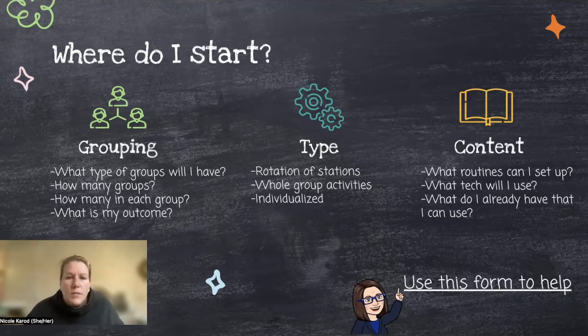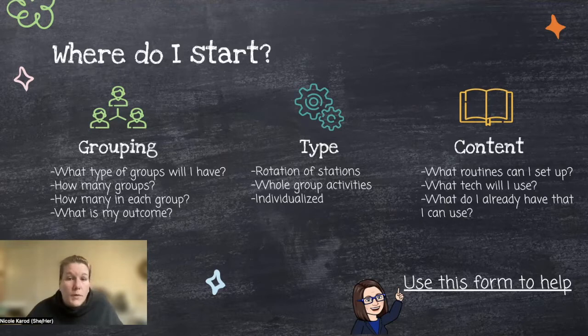So this kind of goes in with that type, rotation of stations. Students go around, maybe you have 4 or 5 stations, hence 4 or 5 groups, and then they're going around to each station with so many minutes to visit each station.